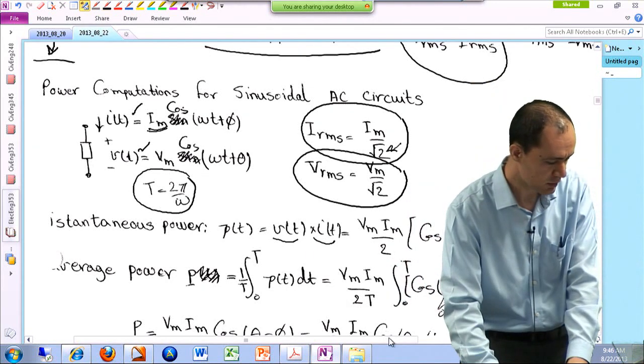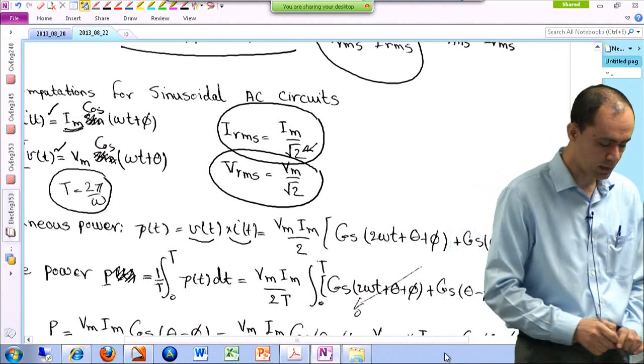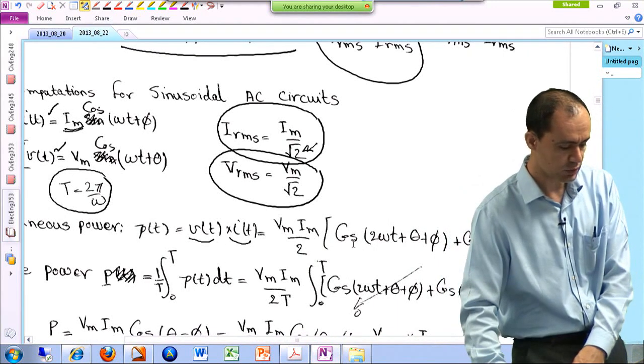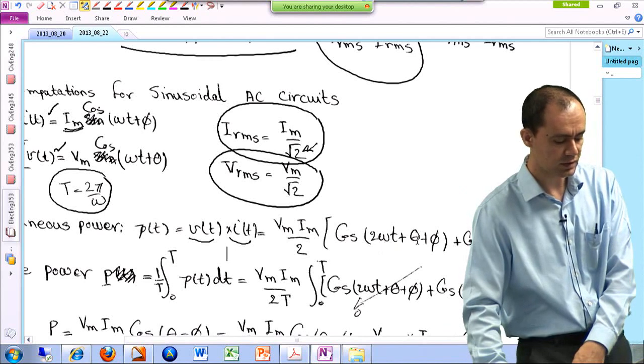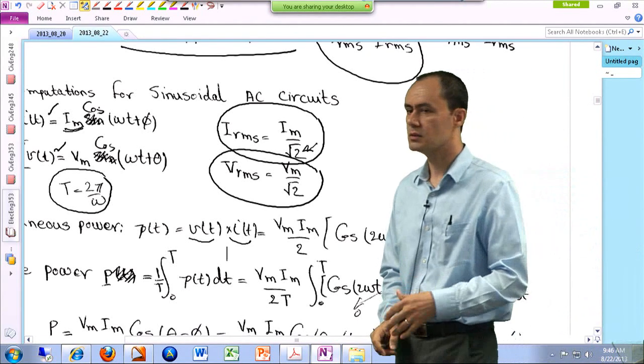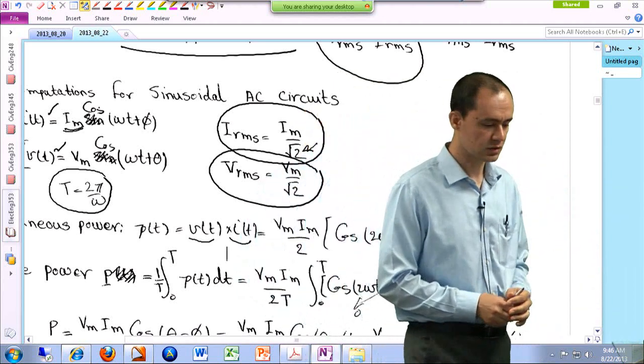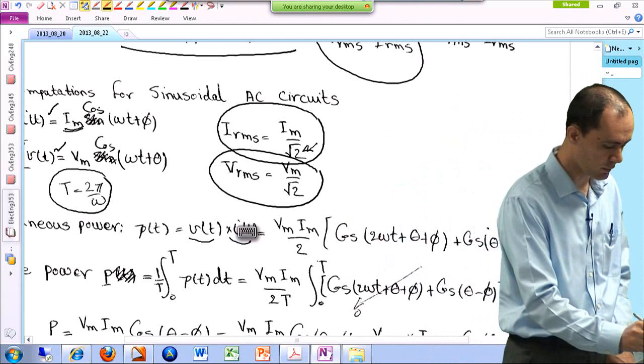Using a trig identity, that turns out to be Vm Im over 2 times cosine of 2 omega t plus theta plus phi, plus cosine of omega t minus omega t, which is 0, then theta minus phi, which is the only term that actually appears over here.